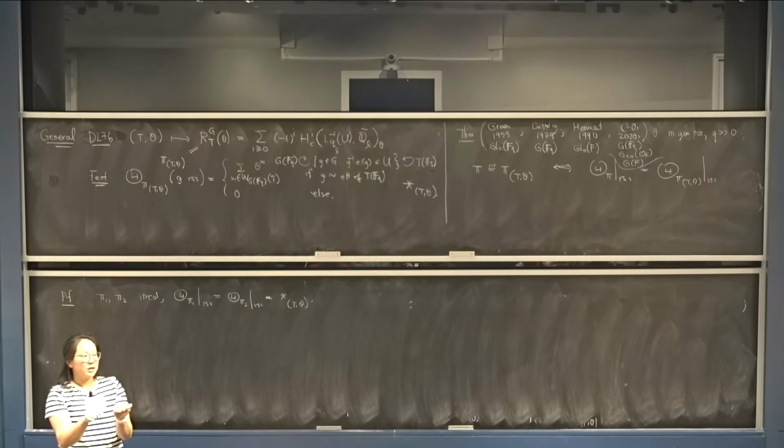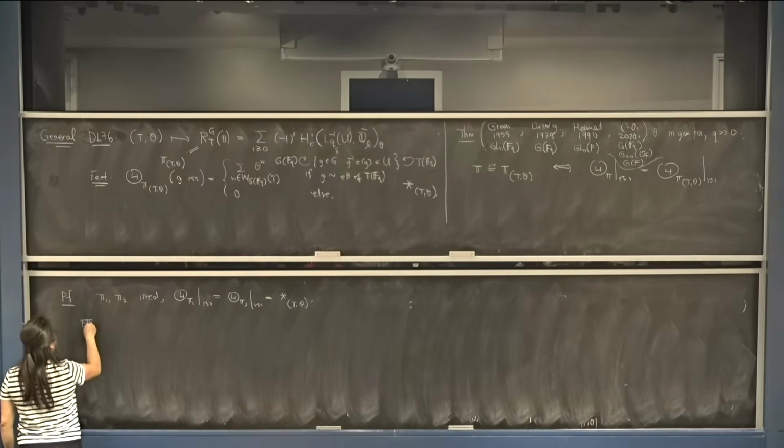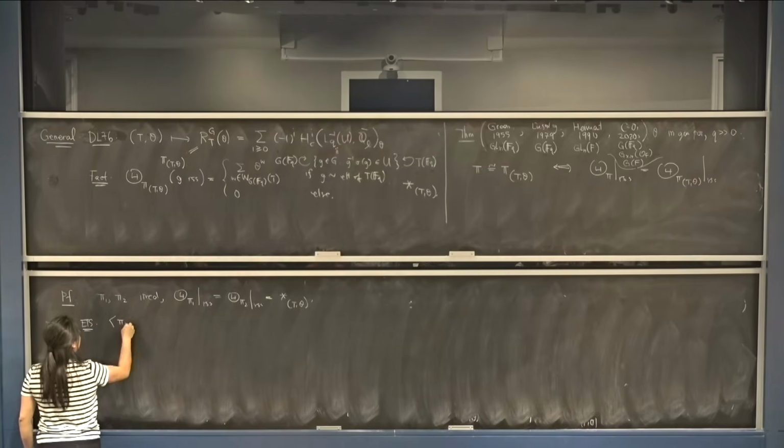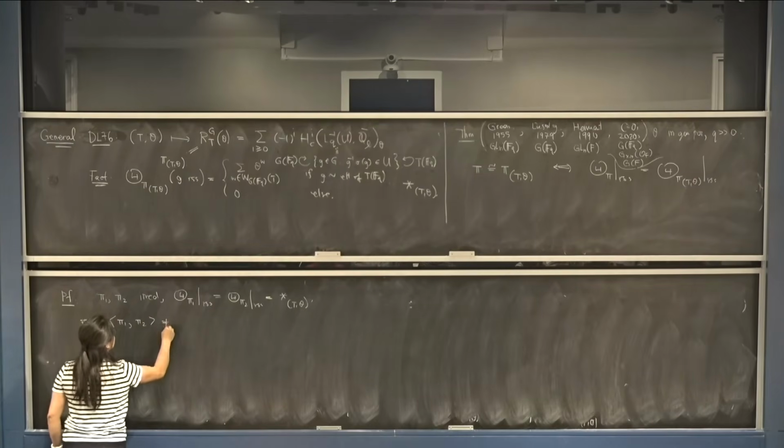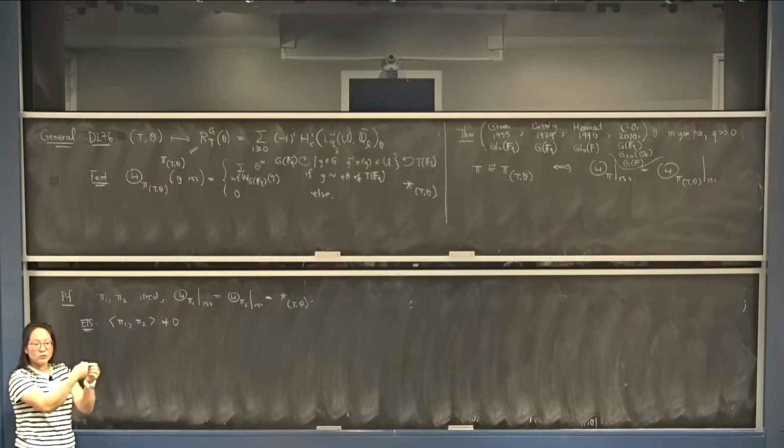I can show that their inner product is 1. But for two irreducible representations, the inner product is either 1 or 0. There are only two choices, so it's enough to show that the inner product of pi_1 and pi_2 is not 0. That's our goal. This inner product is defined by an averaging process: you average over the product of these values.